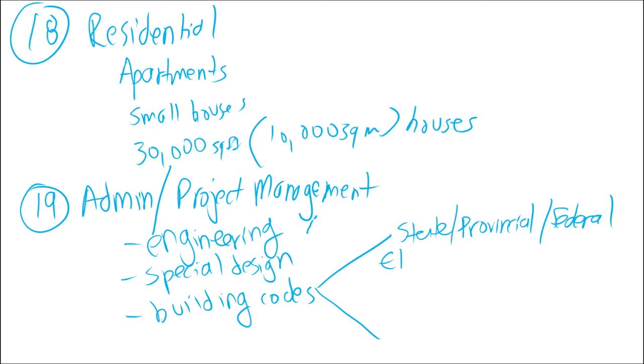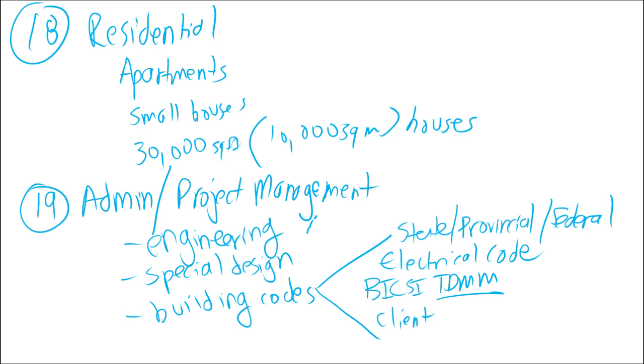Then you have your electrical code. And then you have cabling standards. So I'm following the BICSI TDMM or Telecommunication Distribution Methods Manual. Your client may also have their own standards. For example, the federal governments have standards.